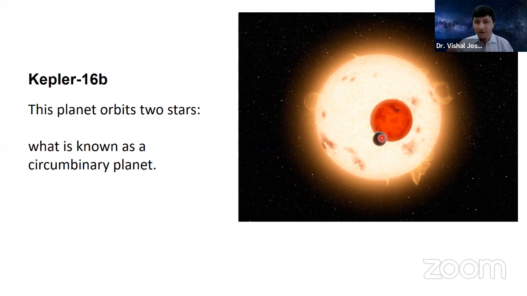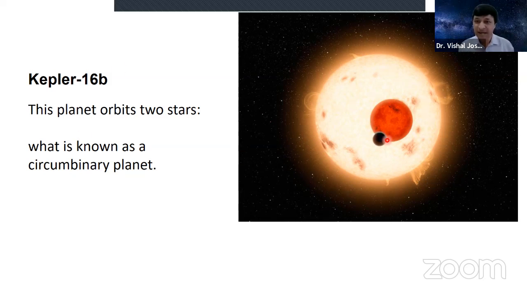The Sun falls in that exceptional 10% range. The Sun has no binary component. Most of the 90% of stars are binary in the system, so 2 or more stars are orbiting around their common center of mass. This planet, Kepler-16b, is orbiting around such a binary system. Very unique. So this planet is orbiting in the circumbinary space.